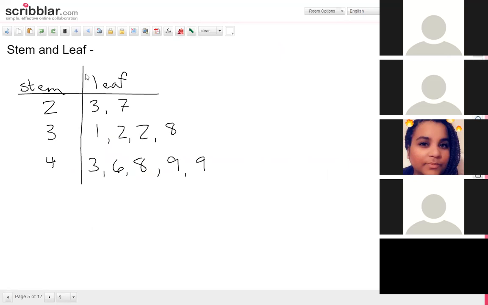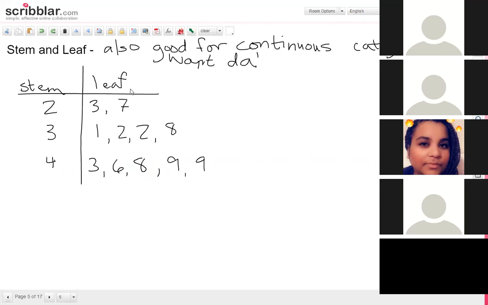A stem and leaf plot looks really weird. A stem and leaf plot is also good for continuous categories, but instead of wanting the visual picture, you just want to organize the data in a chart. So how do we even read a stem and leaf plot?